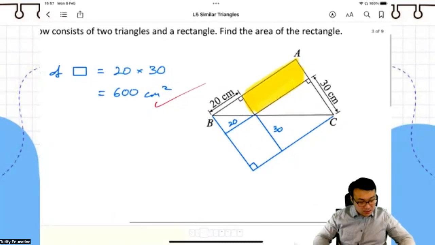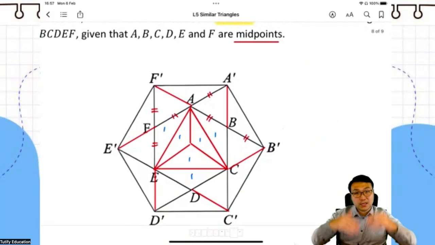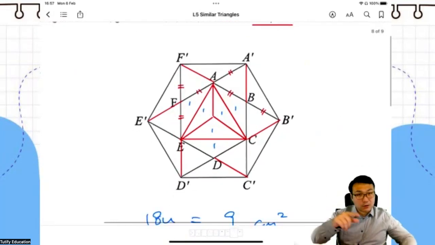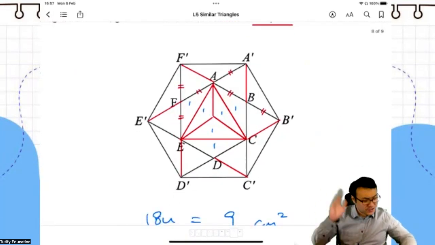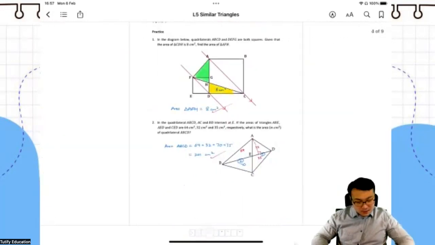This mirror image technique is also used over here. We duplicate the diagram to create equal areas. Once you have equal areas, then you just need to count how many triangles you have. Then it's very easy. That's it. These are the things that we have learned today.